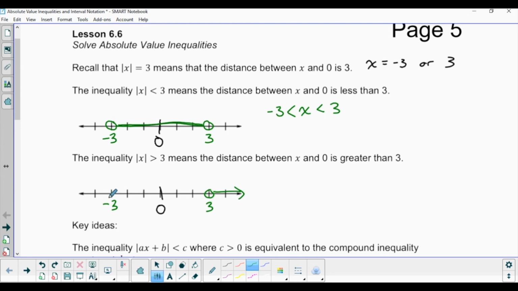So it can't be at negative 3 because that's 3 away from 0, but it could be more than 3 away. It could be that way. So the absolute value of x is greater than 3 is really an or inequality. X is less than negative 3 or x is greater than positive 3.